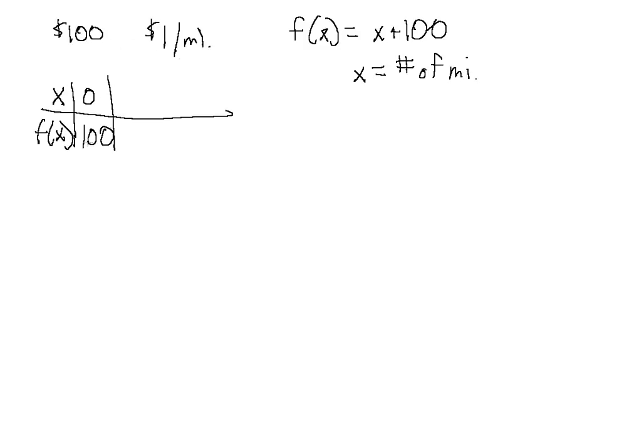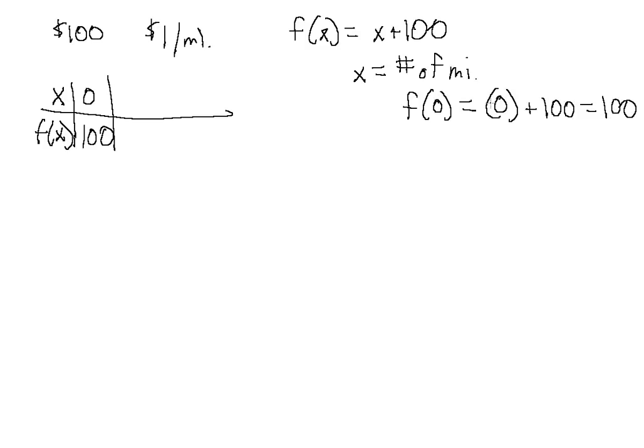But what I'm more interested in is the math behind it. x will equal 0 because he drives 0 miles. So what we're finding here is f of 0. We're substituting in 0 for x. So 0 plus 100 will give us 100.